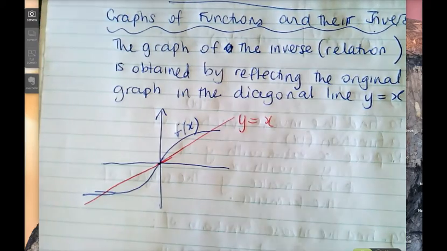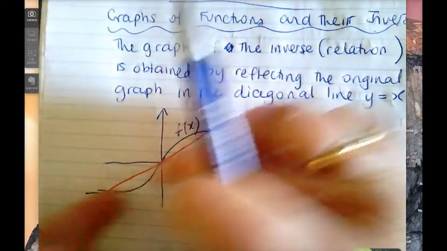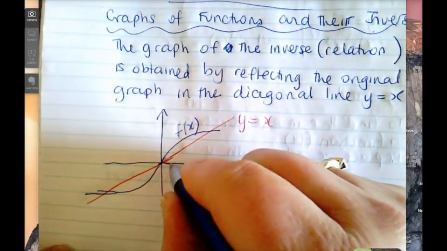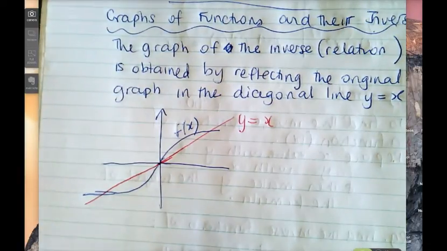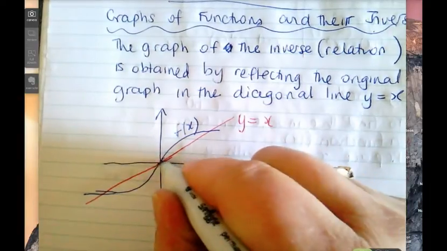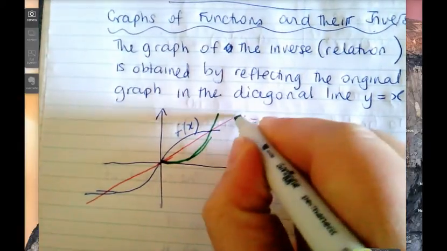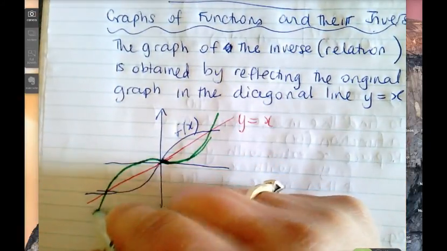Do you know how to draw the inverse? Reflect. I can fold the paper. Let's say I folded the paper on the red line. Wouldn't this end up down here? Actually, can I have the green, please? Okay. So if I folded the page where it's red, the inverse would look like this.